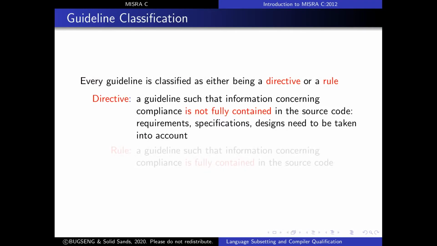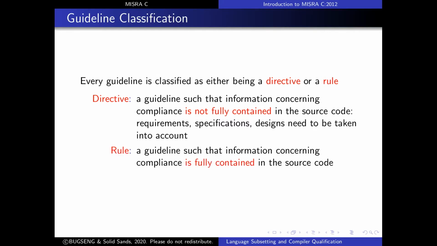So the guidelines, as we said, are either directives or rules. They are directives when the information concerning compliance is not completely contained in the source code. In order to decide whether the code complies or not, you usually have to take into account requirements, specification, design, or even the programmer intention.